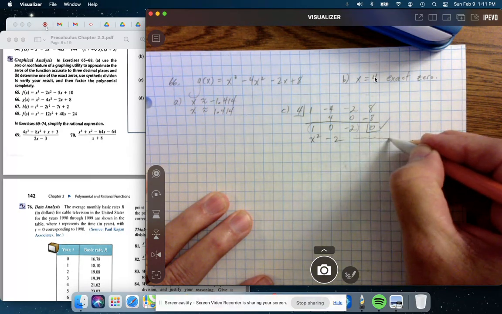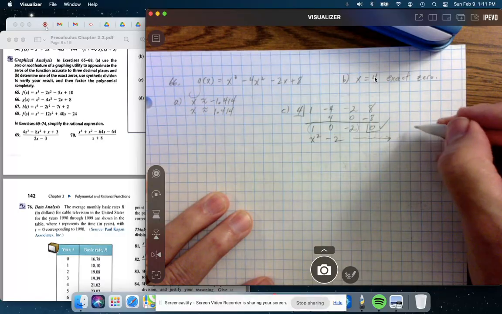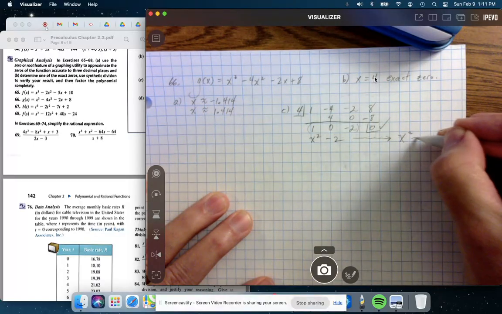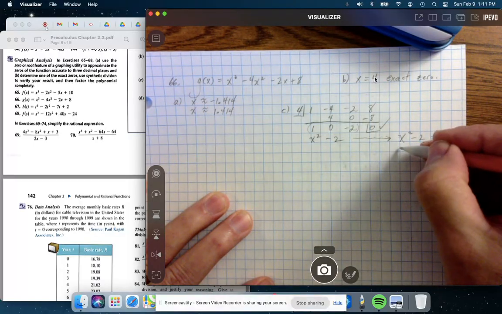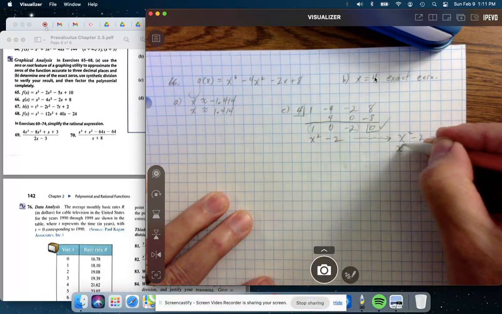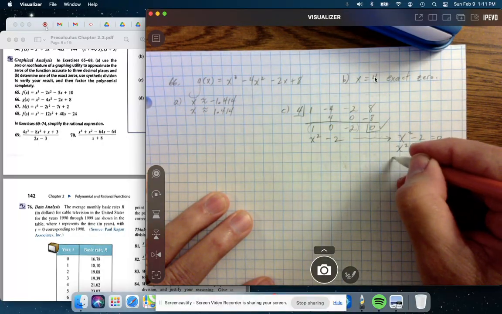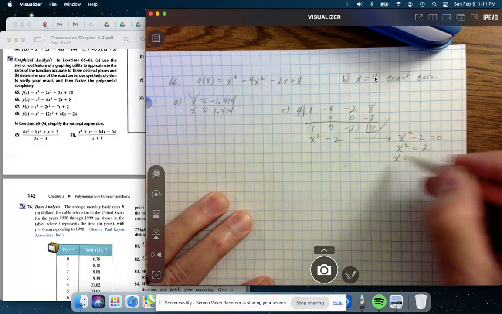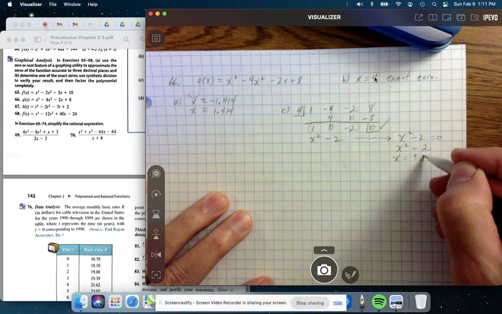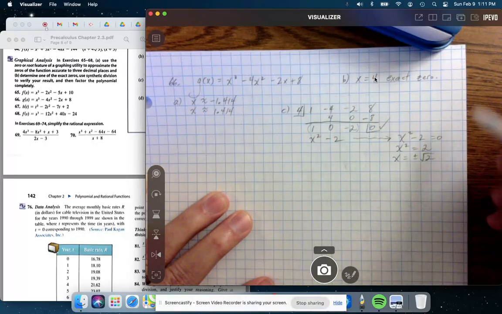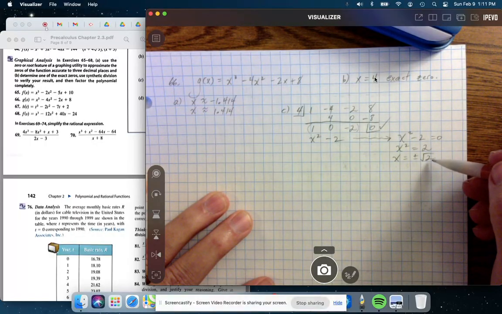If I take this and set it equal to 0, I add 2 to both sides. Now take the square root. Now when you take the square root of both sides, you got to do a plus or minus. So there's your other 2 zeros, right?